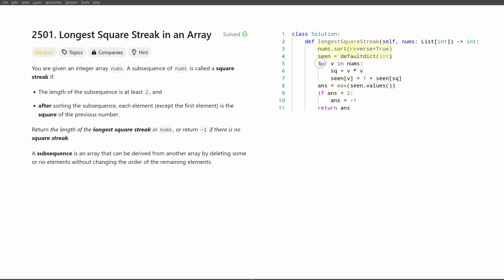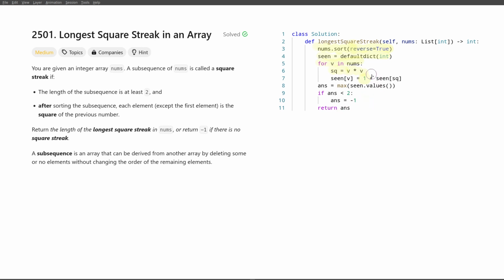And now for every number, what do we want to do? Well, we know that this number can be a sequence of length 1. So that's fine. However, if, and again, we're looking here back at the array sorted in the reverse direction, so the previous number in the sequence should be the square of our current number, so v times v.